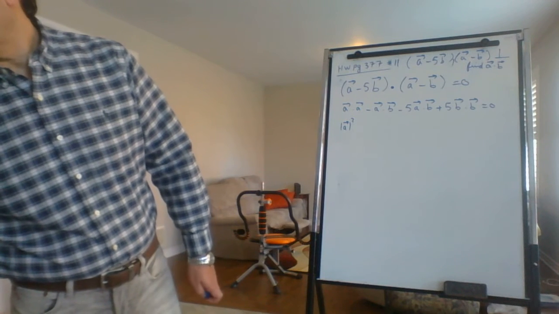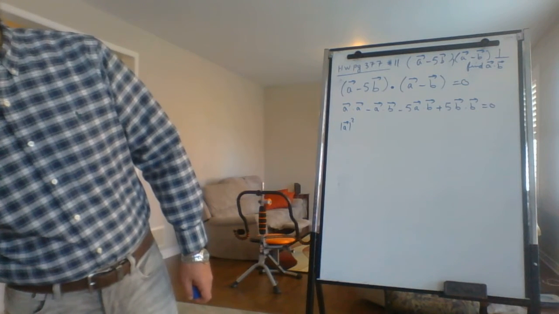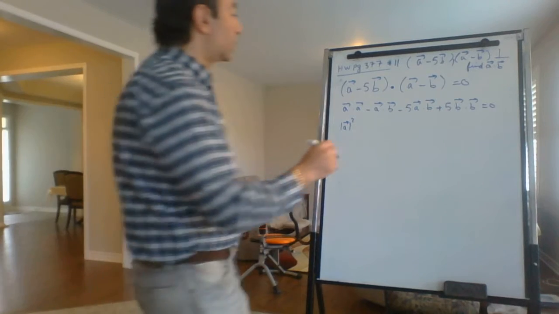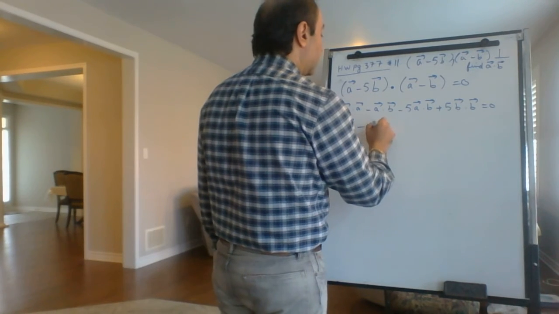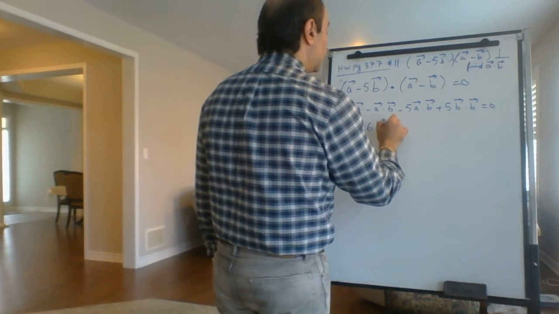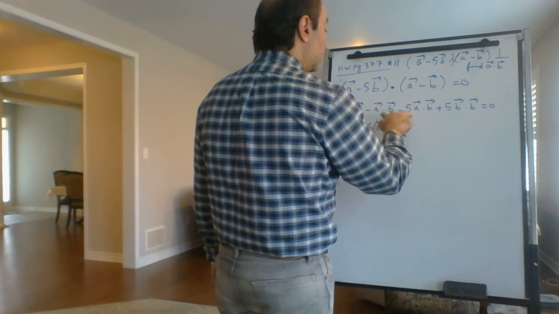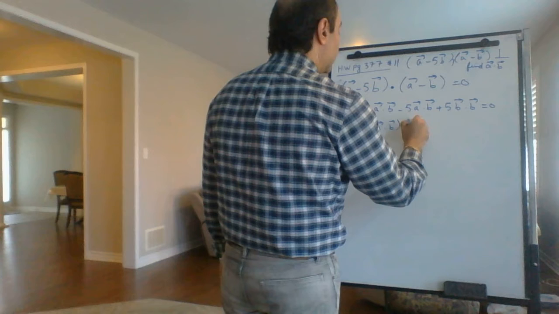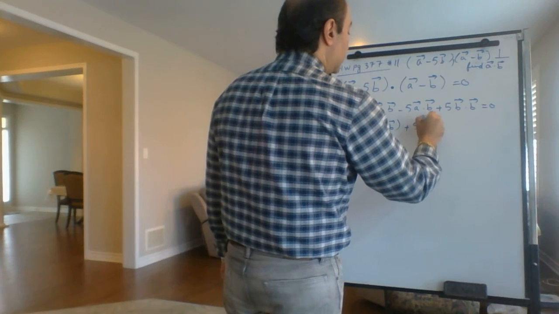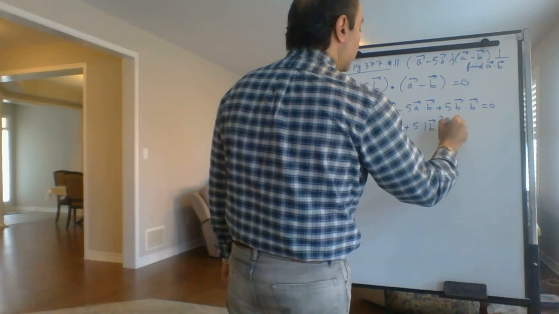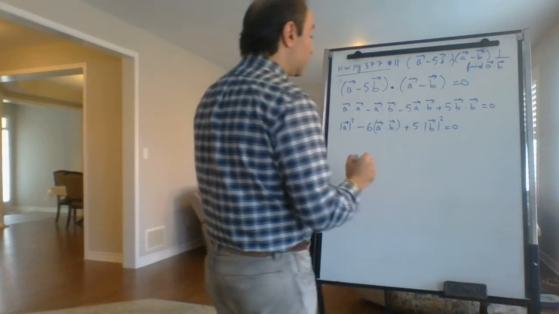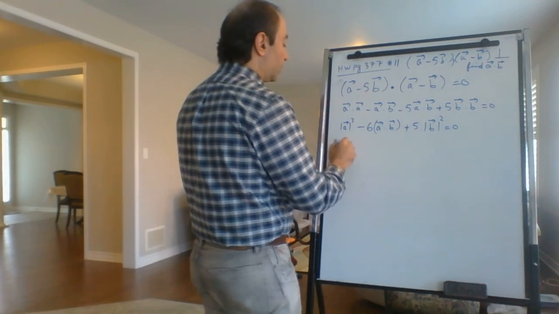Oh, we need to find A dot B. The magnitude of A squared minus 6A dot B. I combine those together, plus 5 times the magnitude of B squared, equal 0.